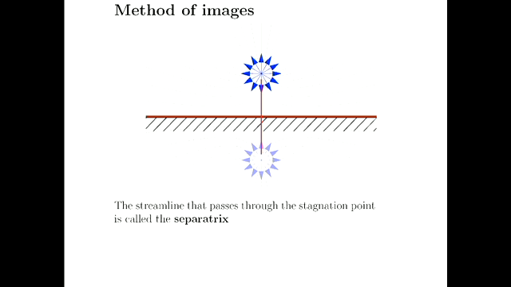So no flow below that solid boundary can ever reach above that solid boundary. Nothing can pass through those lines of separatrix. Coupled with the stagnation point, knowing where those stagnation streamlines are is really important in terms of understanding the topology, or the shape, of the flow field that we're dealing with.